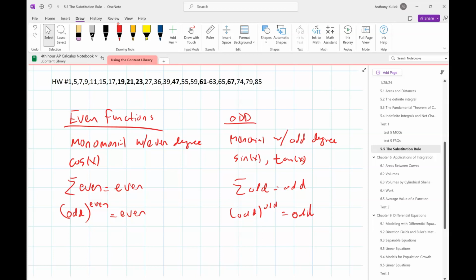Yeah. You're saying monomial with even degree usually like 2x squared, right? Uh-huh. Okay. Or just x to the 4th or 7. Because if I take cosine and I reflect it across the line y equals x, I think I get the same symmetry.